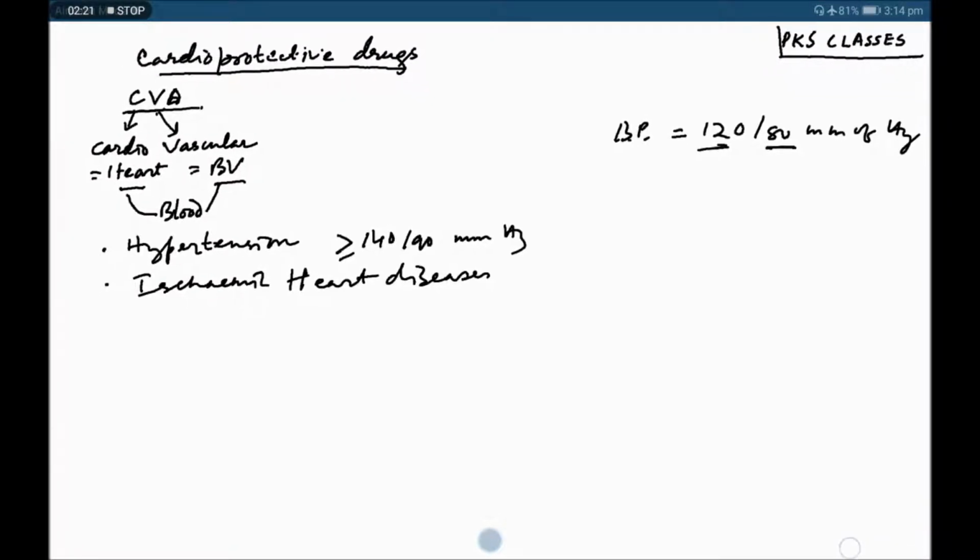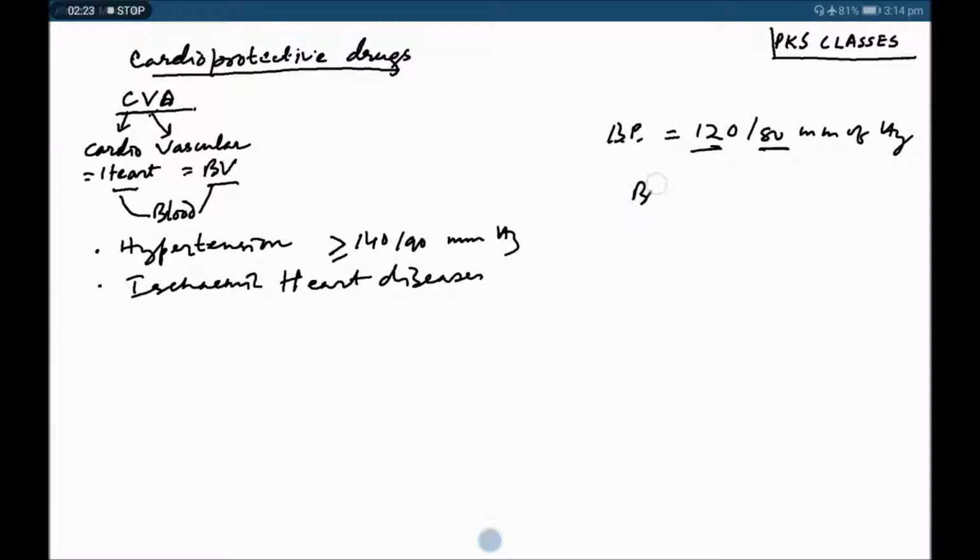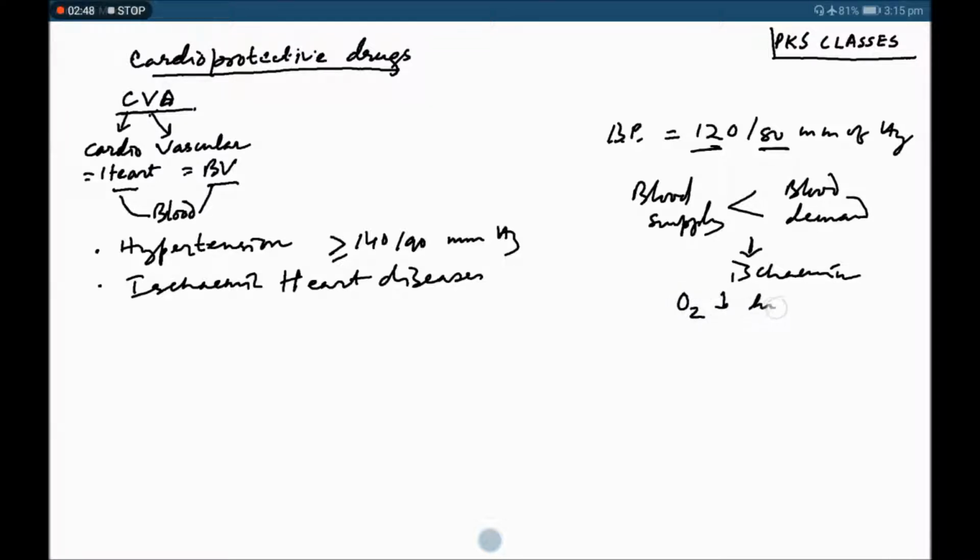There is a blood supply and there is blood demand by the heart. If the demand is more and supply is less, then that leads to ischemia. If blood supply is less, there will also be less oxygen supply, and that is called hypoxia. All these cause ischemic heart diseases.